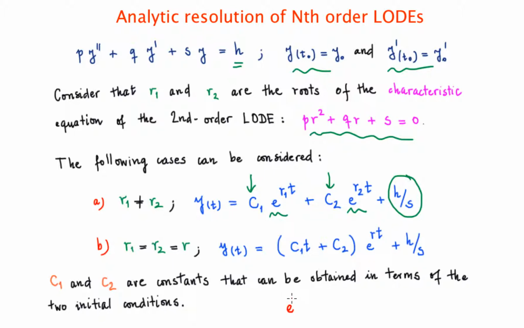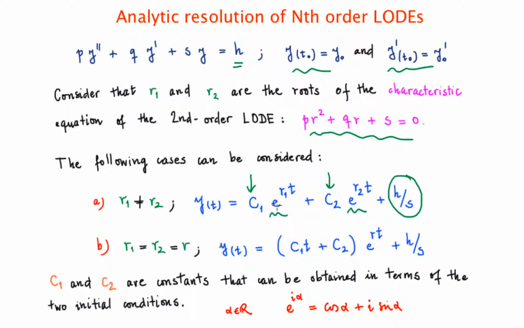e to the i times alpha, where alpha is a real number and i is the imaginary number, is equal to the cosine of alpha plus i, the imaginary number, times sine alpha. So the exponential of an imaginary number can also be written in terms of a cosine and a sine.